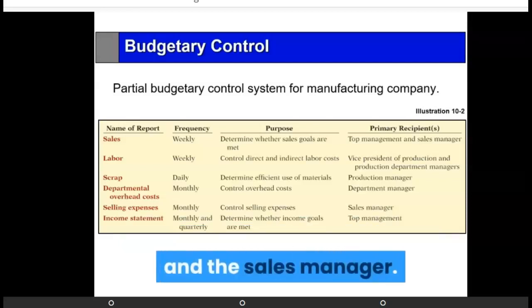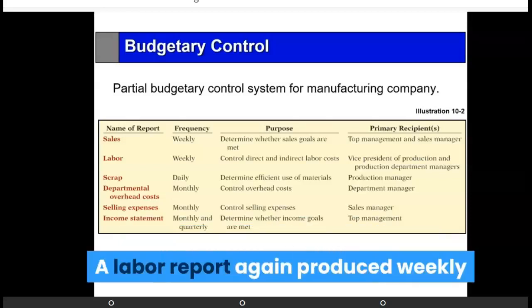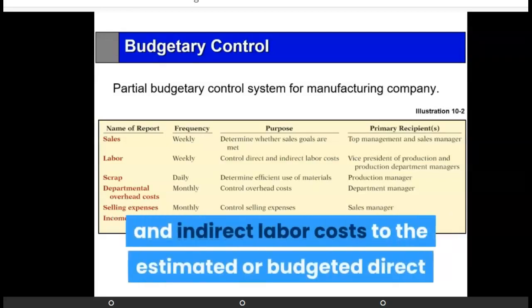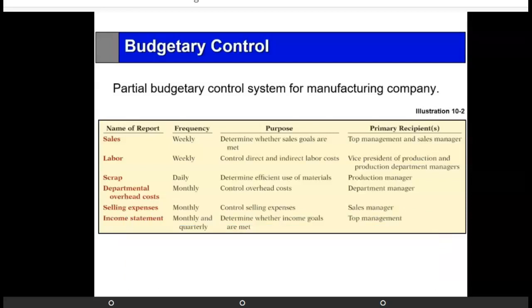A labor report, again, produced weekly. And the purpose of the report is to compare the actual direct and indirect labor costs to the estimated or budgeted direct and indirect labor costs, and that will go to the production manager.